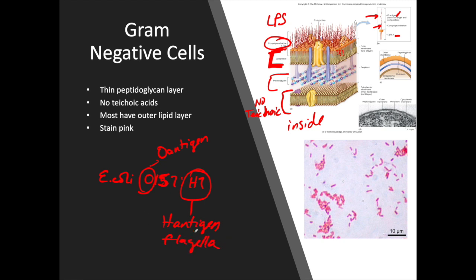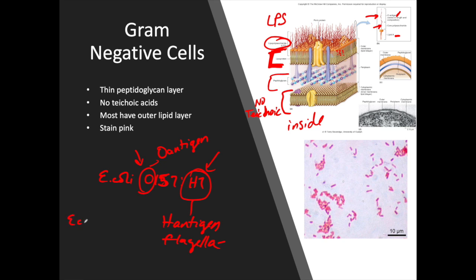E. coli are highly flagellated, and the H antigen is a protein. It's an H protein that's attached to the outer portion of the flagella of E. coli, which our immune system recognizes. So if we get exposed to E. coli O157H7, we create antibodies against the H7 antigen and against the O157 antigen.